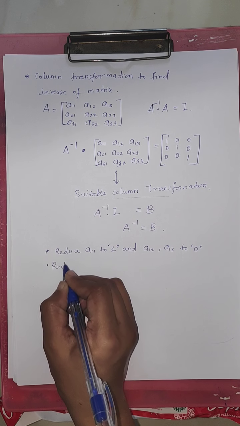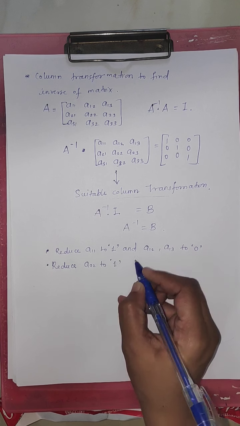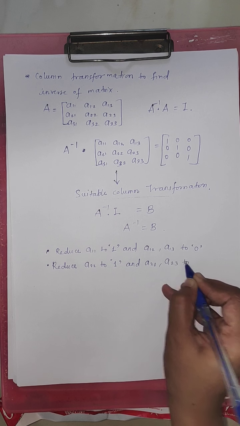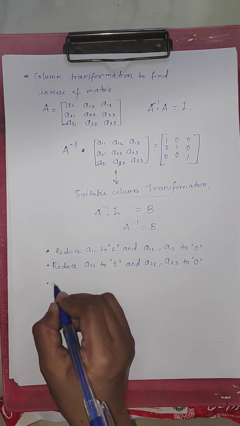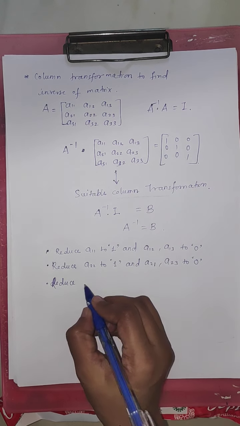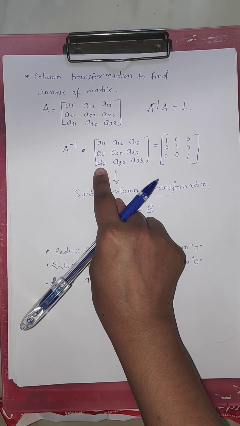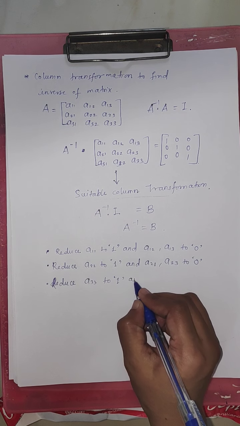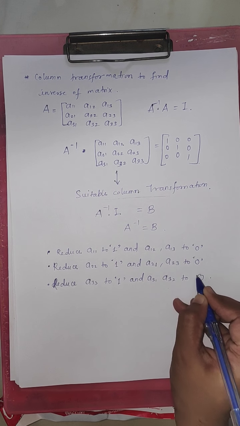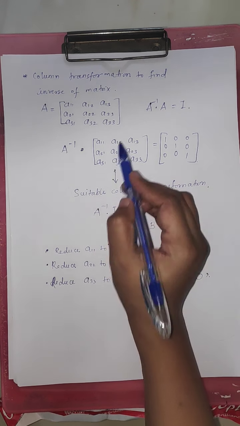Next step, reduce A22 to 1 and A21 and A23 to 0. Next step, reduce A33 to 1 and A31 and A32 to 0. These are the steps for finding inverse by column transformation.